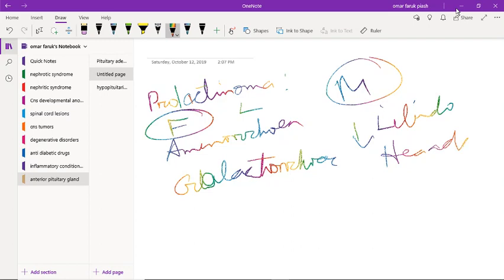These are the common features of prolactinoma.